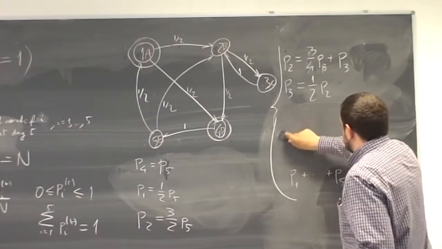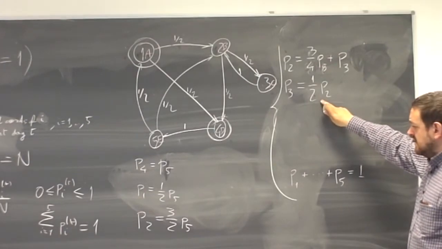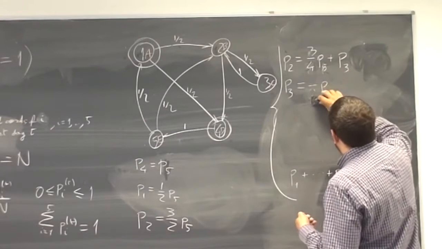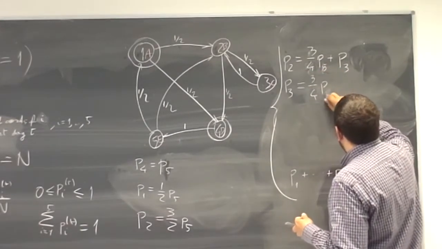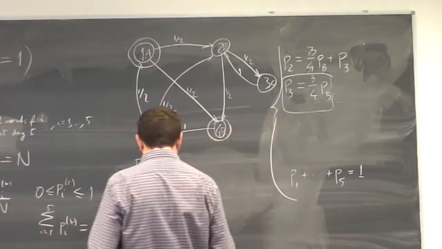So we can also remove this equation. Here, instead of P2, we can write, so 1/2 P2 becomes 3/4 of P5. And so we also have P3.